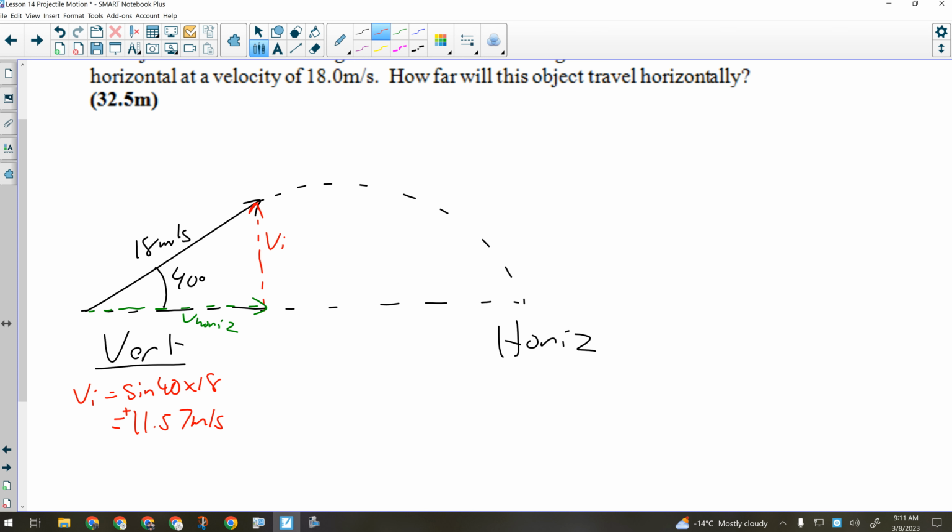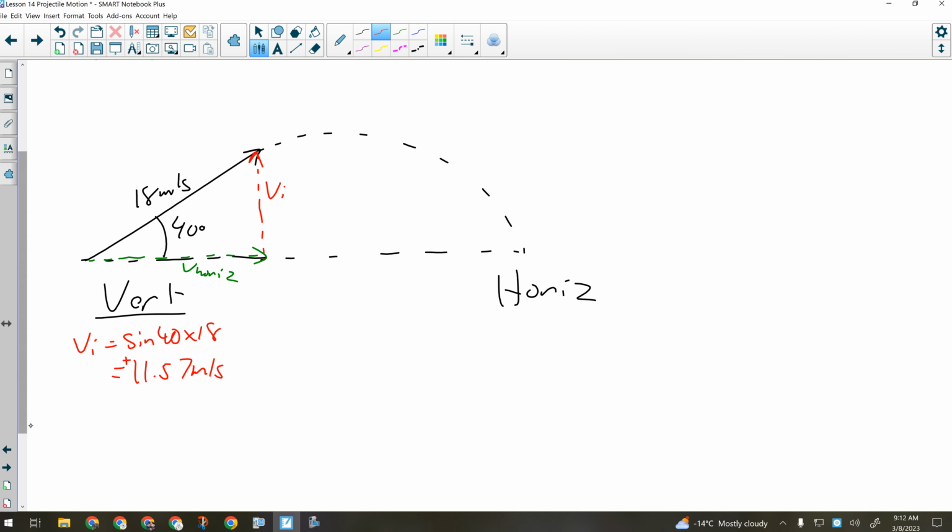Okay. Since they don't tell us otherwise, can we assume launch and impact are level? So what does that mean for VF? Negative. Okay, acceleration is negative 9.81 meters per second squared. All right, horizontally, we want to calculate the horizontal velocity, which is constant.